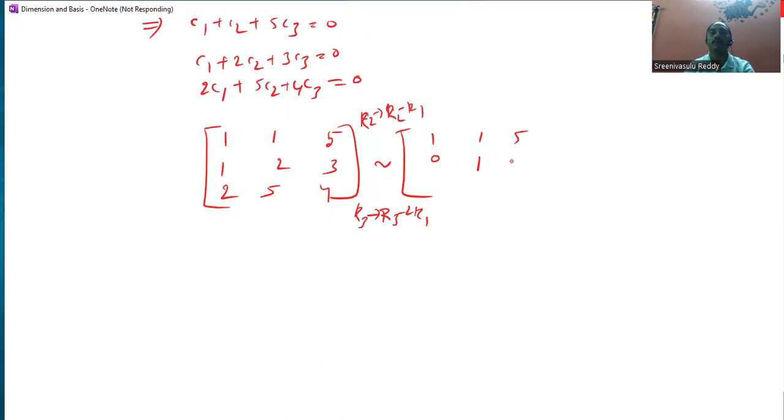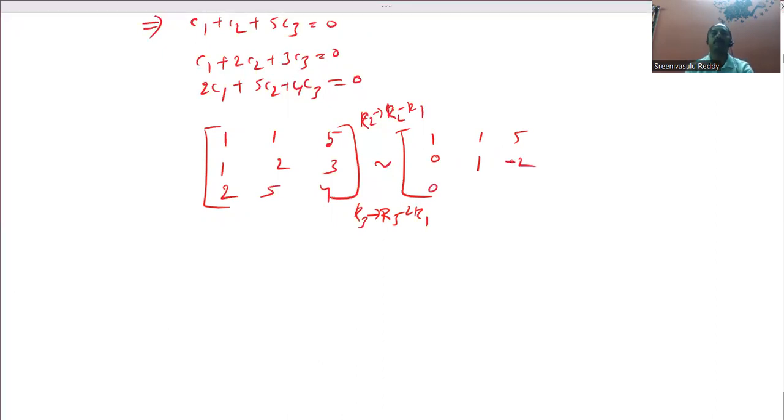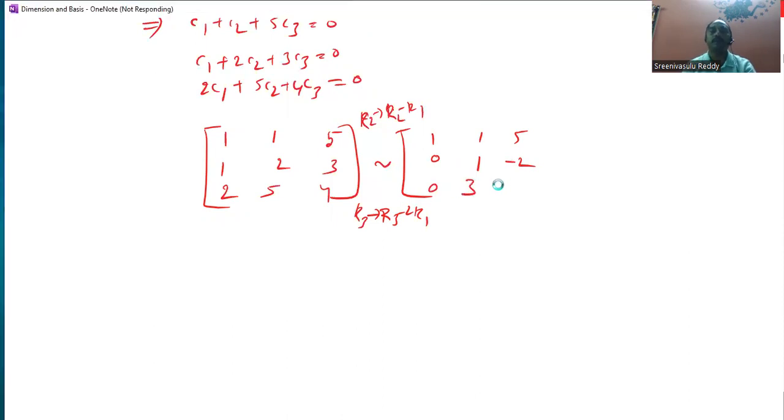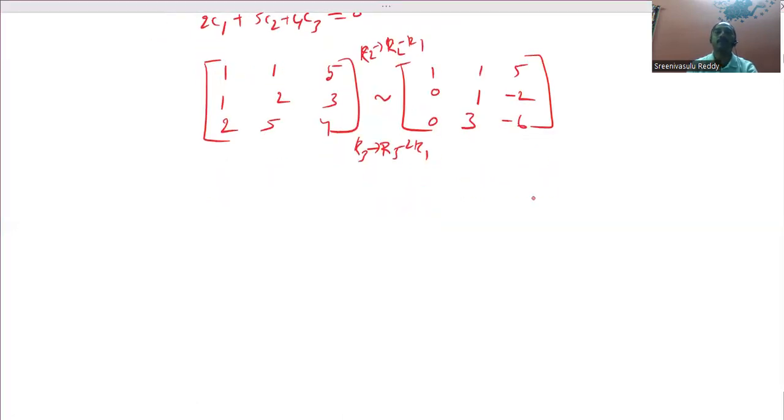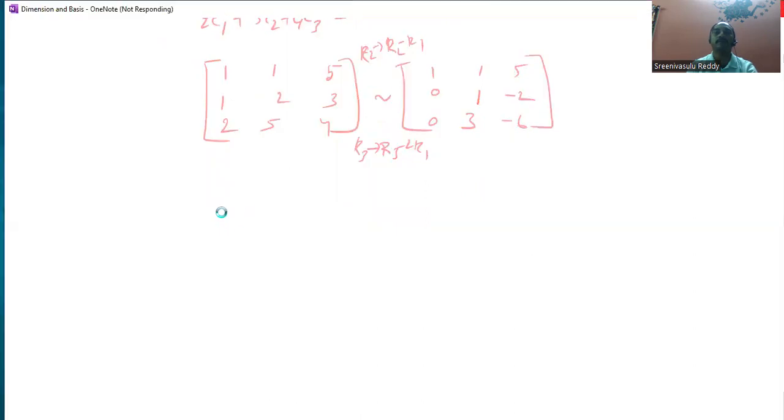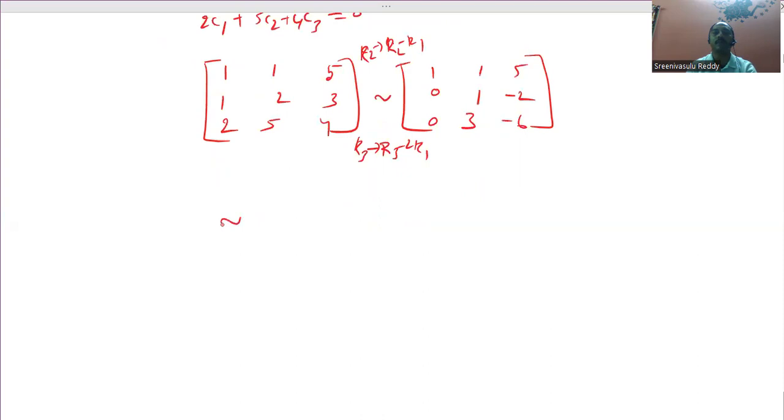It becomes 0, 1, minus 2. Third row: 0, 3, 4 minus 10, 4 minus 10 means minus 6. Once again, apply a row operation to this matrix. R3 goes to R3 minus 2R1. Sorry, R2.